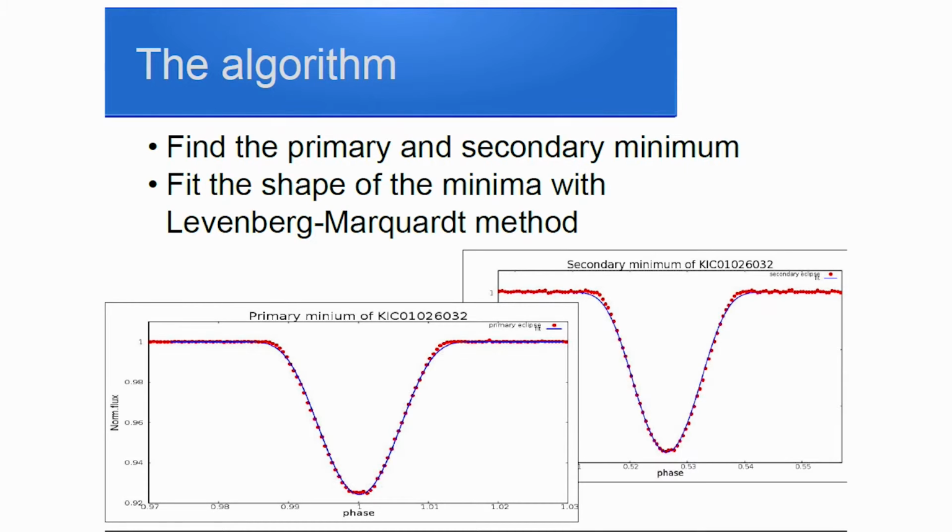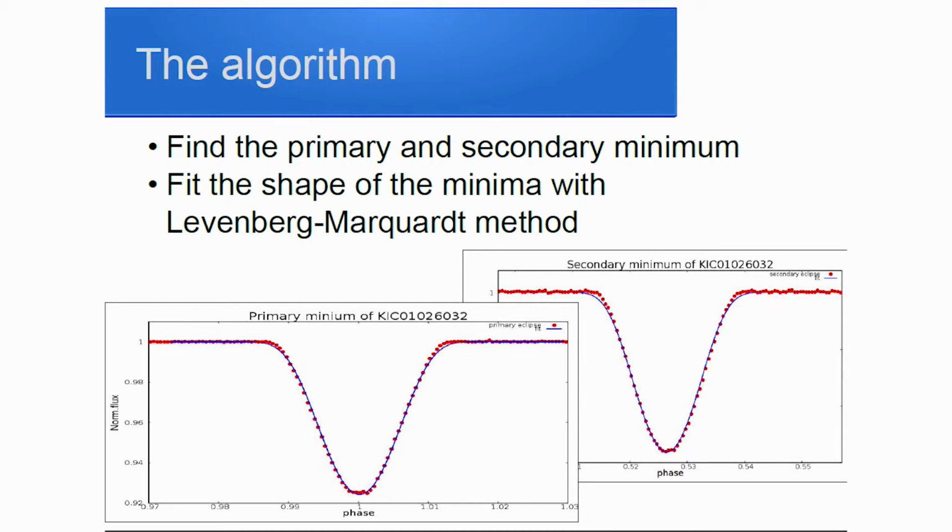Now, how do we find the eccentricity of the detached system? At first, on the folded light curve, we have to find the primary and the secondary minima and fit the shape with a single function.